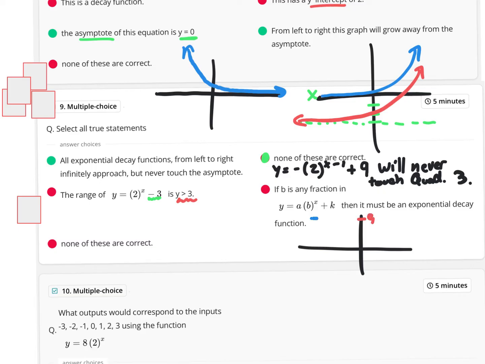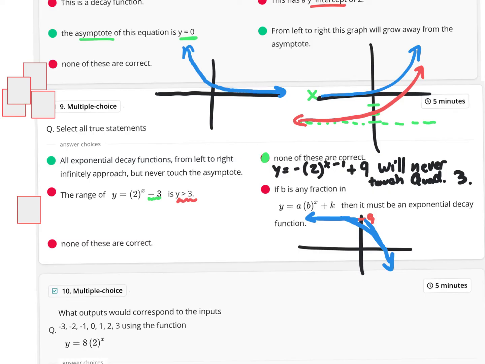So here's your infinitely approaching asymptote that way, and then it curves down that way. And this is saying that it'll never touch quadrant 3. Remember, quadrant 1, quadrant 2, quadrant 3, that is a true statement. So that covers all these true statements. There's only 2 of them.